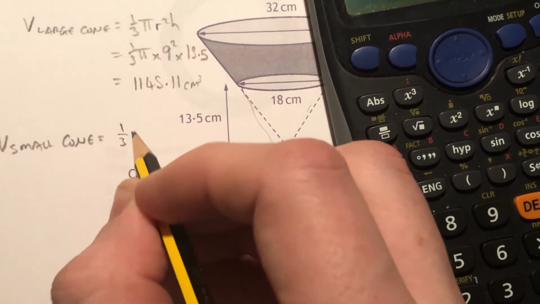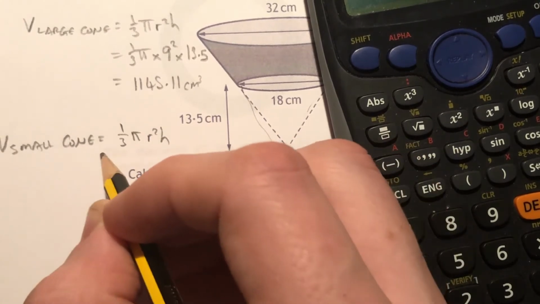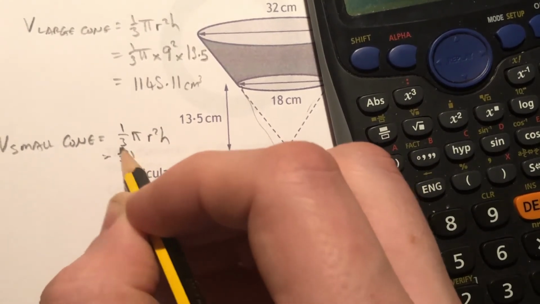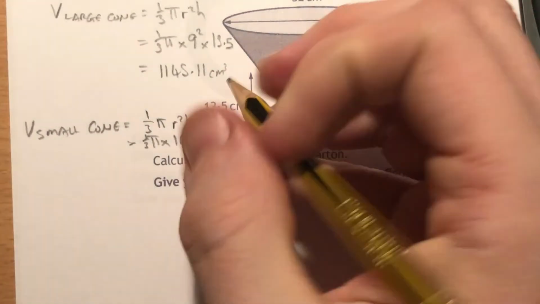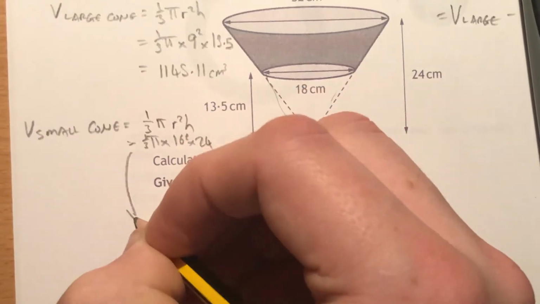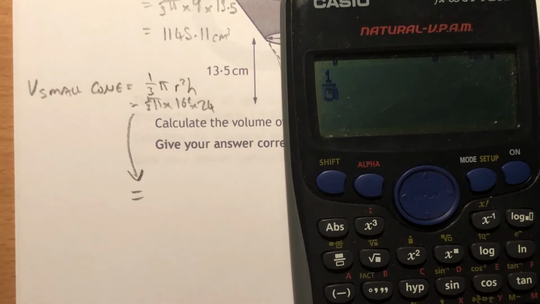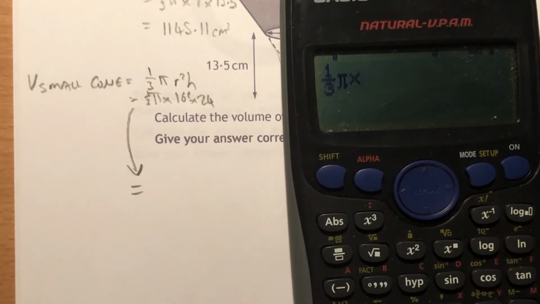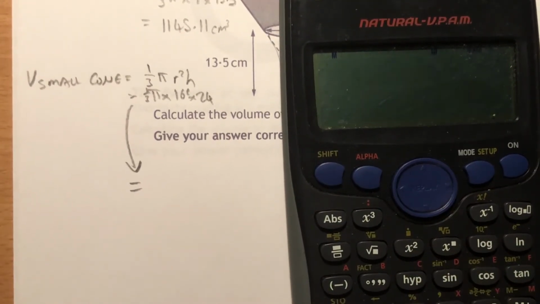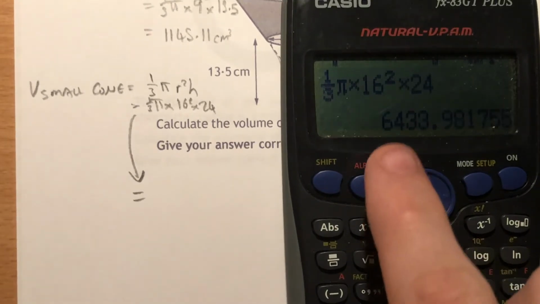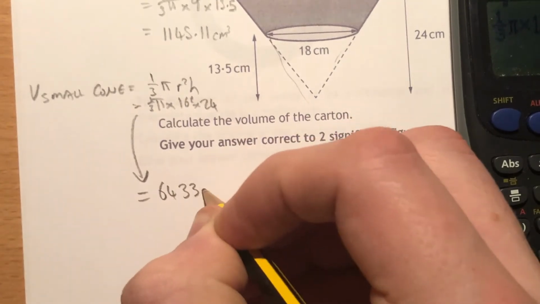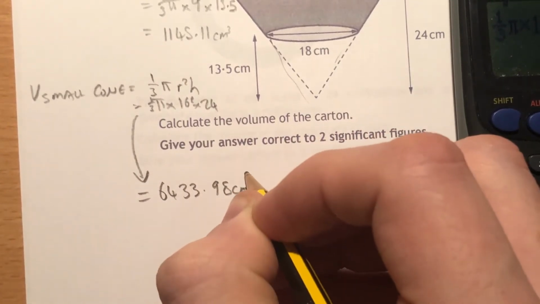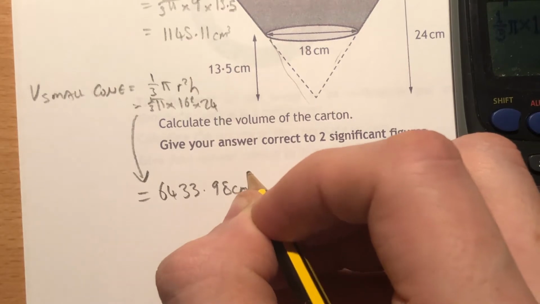Volume of the other one, again 1/3 pi r squared h, so 1/3 pi times 16 squared, height is 24, equals 6433.98 centimetres cubed.